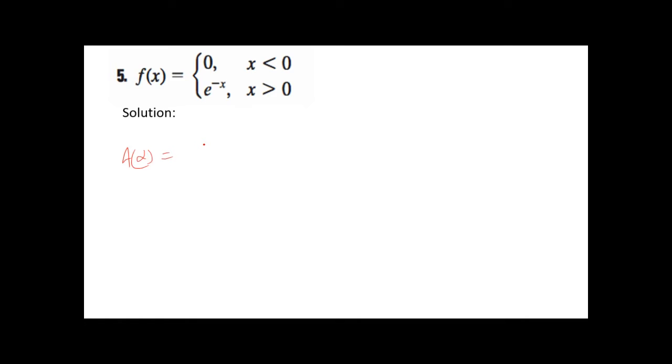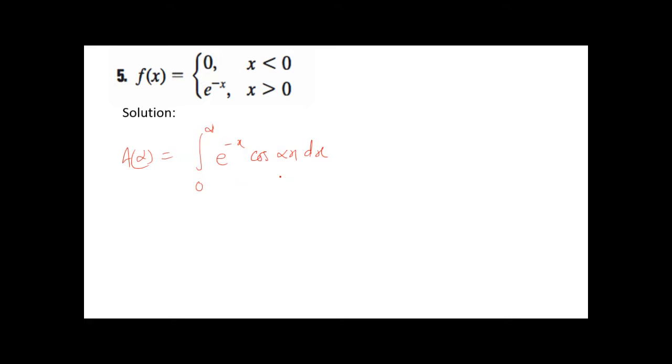The formula should have been written from negative infinity to positive infinity, but the function is valid only between 0 and infinity. The other part will be 0. So the part from negative infinity to 0, you can consider 0. Now, e raised to minus x cosine alpha x dx.